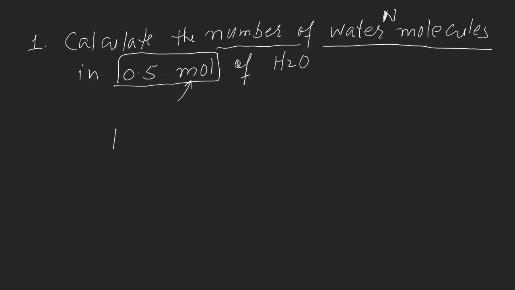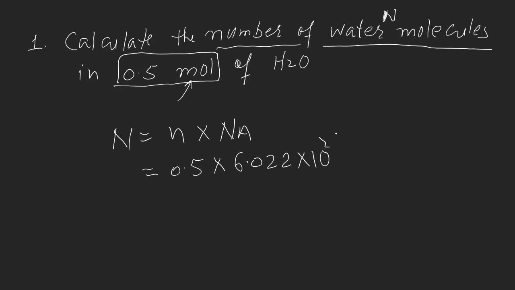So we have this formula, N is equal to n times NA, which is Avogadro's number. N is the question mark, that's fine, and small n is given to you, 0.5, times 6.022 times 10 to the power 23.